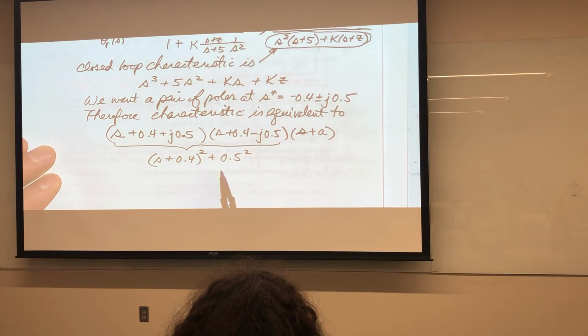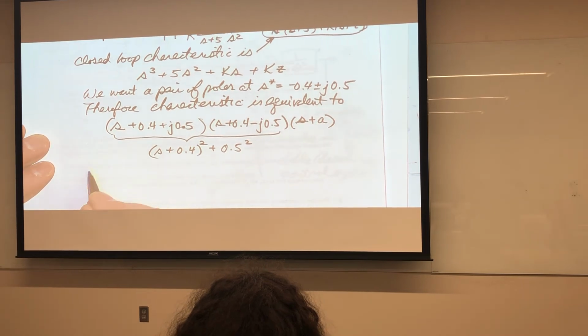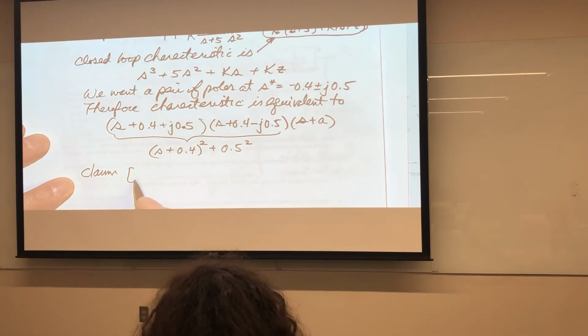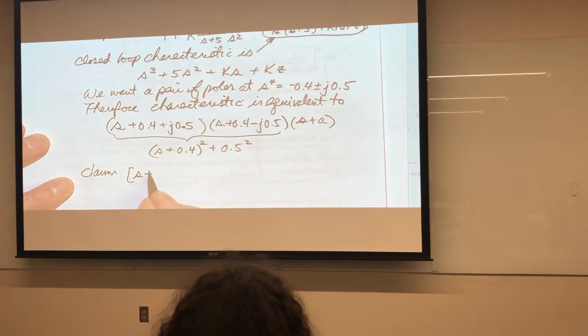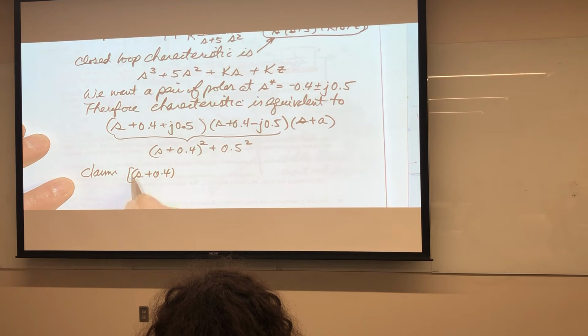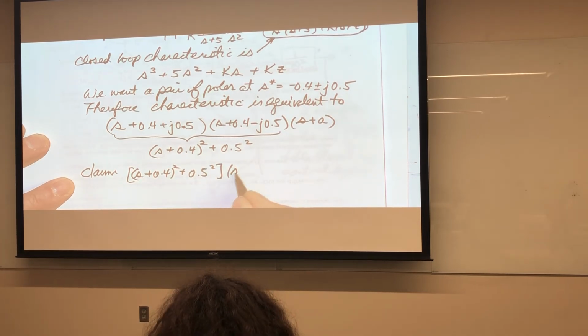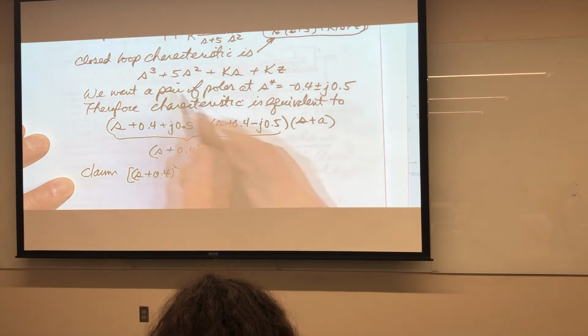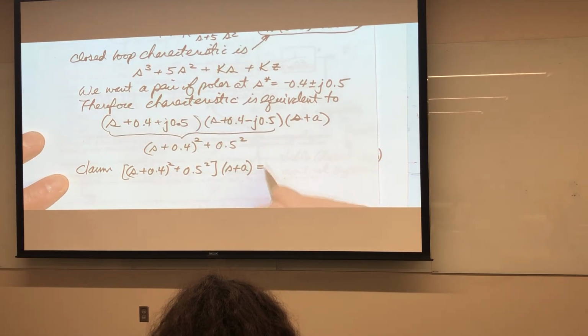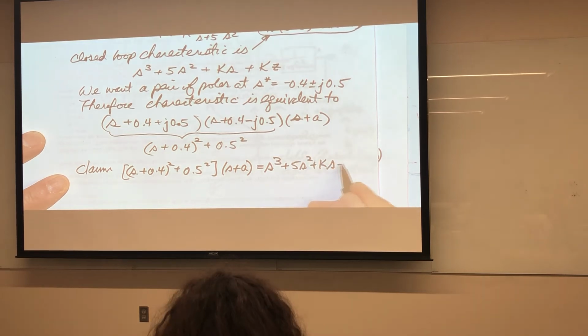So we want to basically say that our claim is that s plus 0.4 quantity squared plus 0.5 squared times s plus A is equal to this third order polynomial, s cubed plus 5s squared plus ks plus kz.